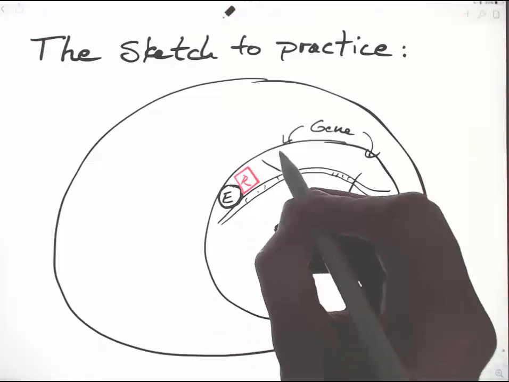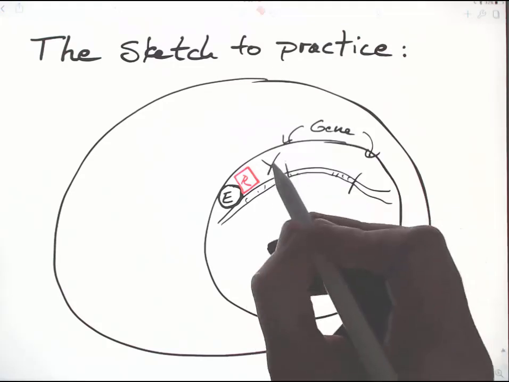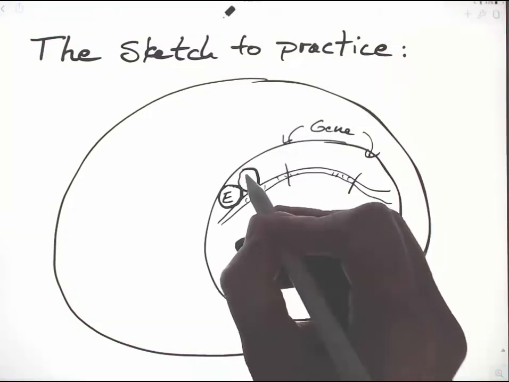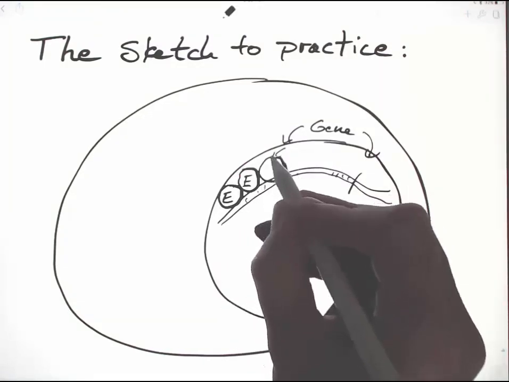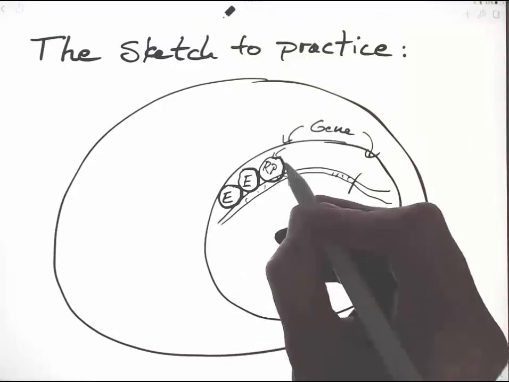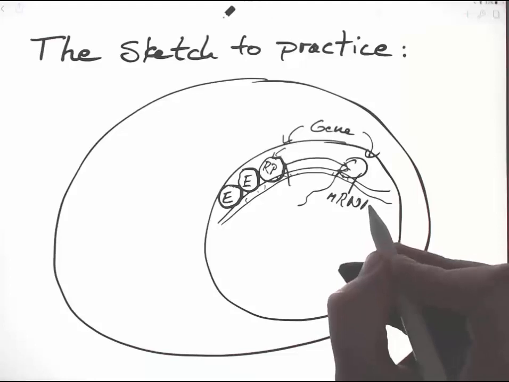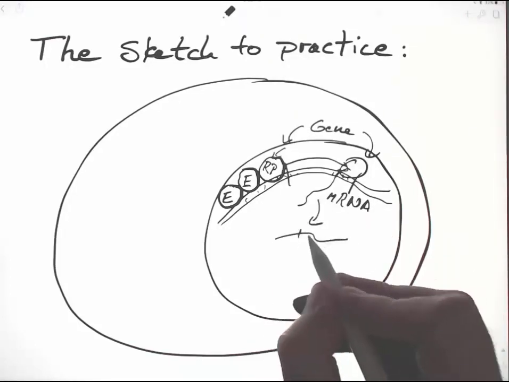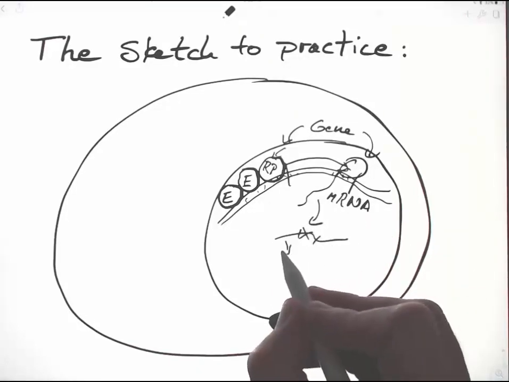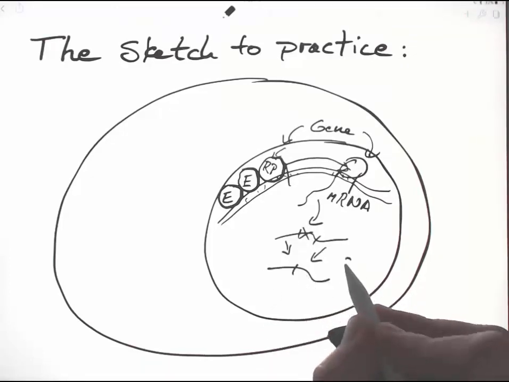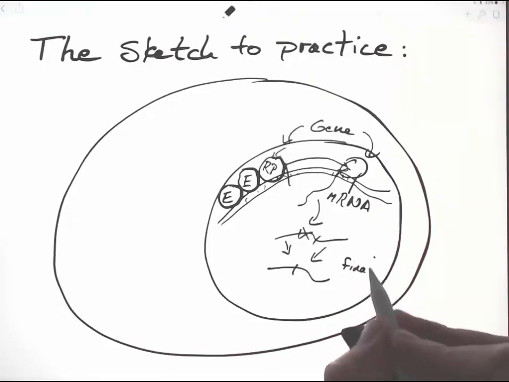And when the repressors are there, it blocks transcription. But when the enhancers are there instead of the repressors, that allows RNA polymerase to bind, move along the DNA, make messenger RNA. That messenger RNA gets trimmed a little bit to form the final messenger RNA.